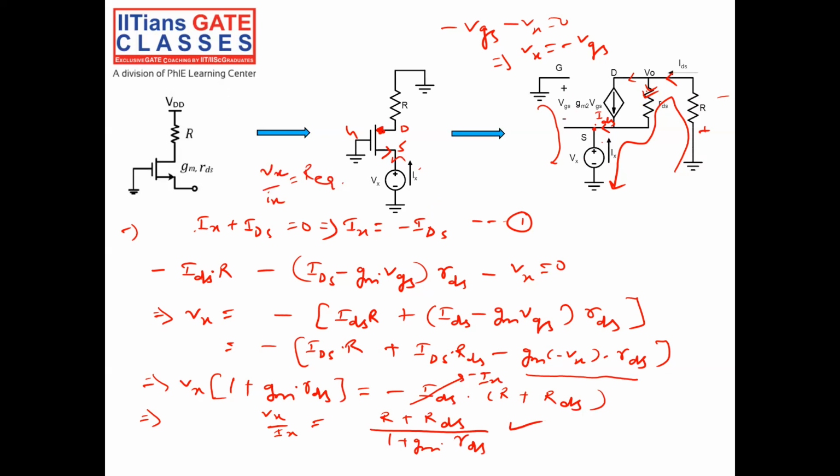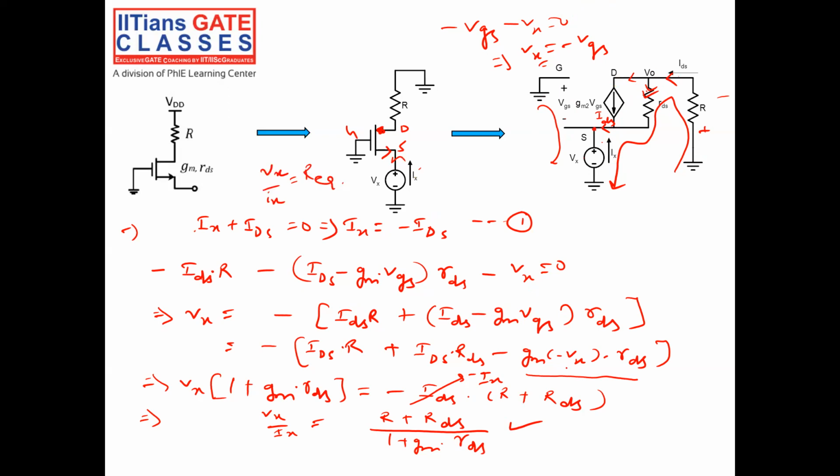So it's very simple, right, guys? What I have done is, I just put the small signal equivalent circuit. I put a KVL loop here, then just solved. Okay, you see, Vx is equal to IDS into R plus IDS minus gm VGS, meaning the current through this is IDS minus gm VGS into RDS. Okay, and VGS is nothing but minus Vx.